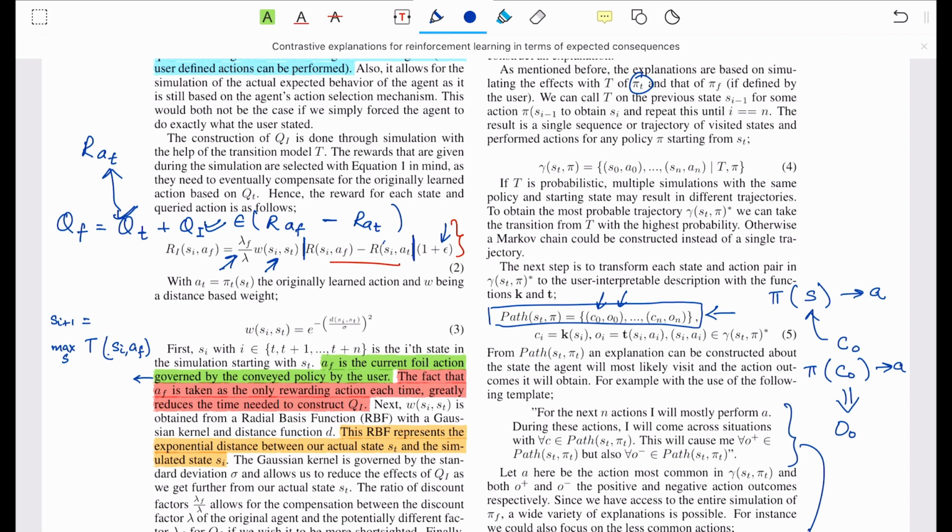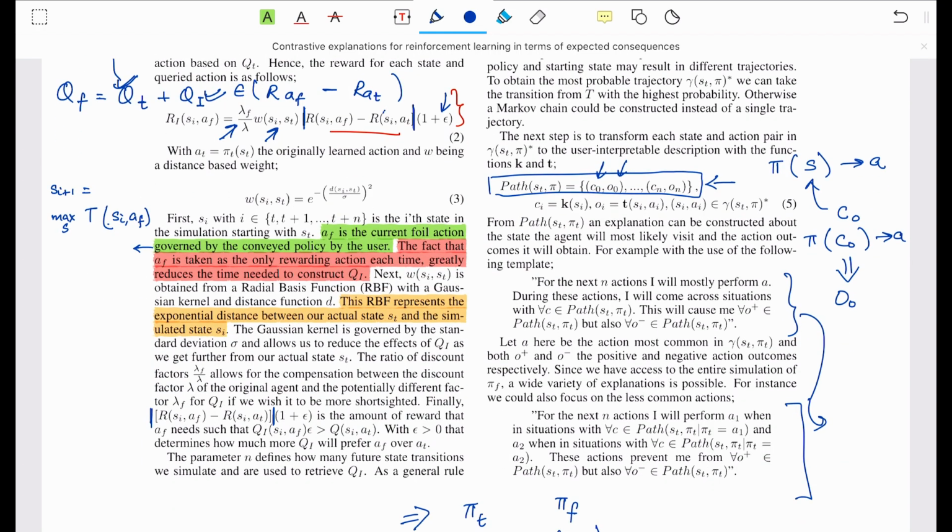Once we have this sort of reward function, we can use it to learn this QI, and then we can mix it up with this QT, which is from the agent, to finally obtain our QF. We can use whatever select action function we are using over this QF. A usual way is to pick the action which gives us the maximum Q value, or whatever other method people are using.